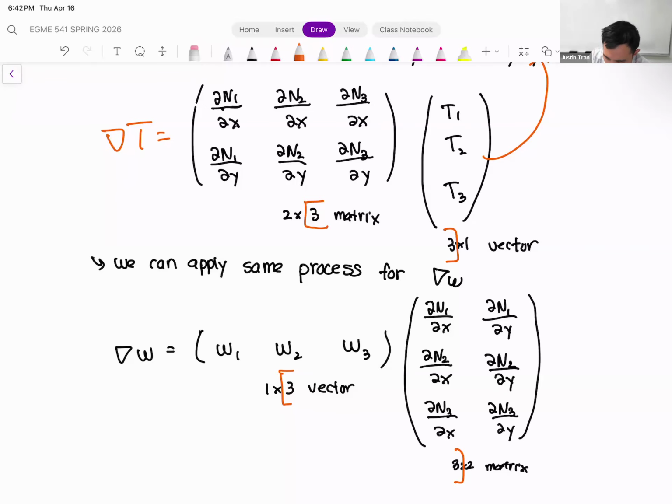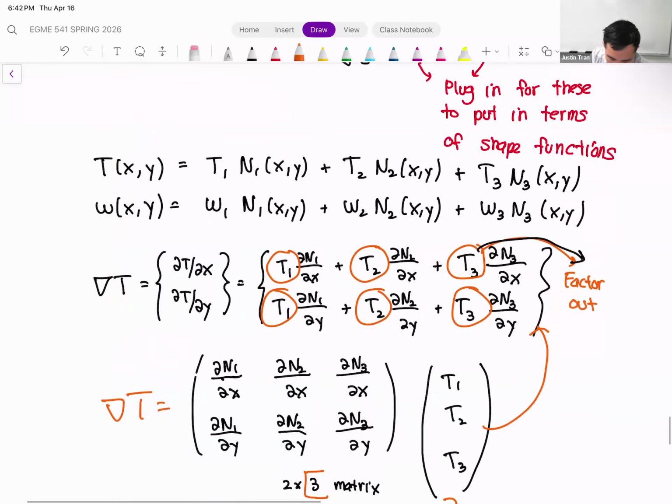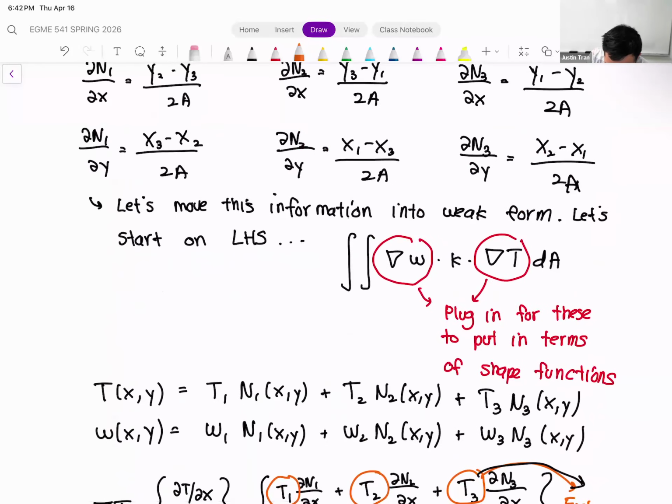The reason we do it this way is that if you look at our weak form, I'll come back to that. I know some of you guys are still writing this down. If you look at our weak form, our gradient of W is on the left-hand side, and our gradient of T is on the right. And so if we plug in these expressions the way they are, we're going to get all of our coefficients on the outsides of our expression.